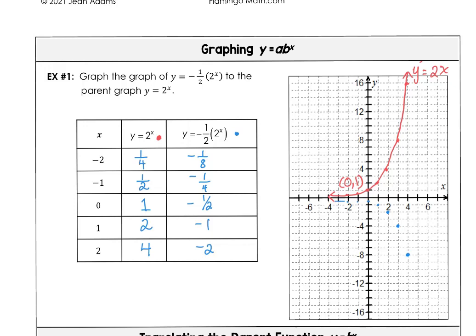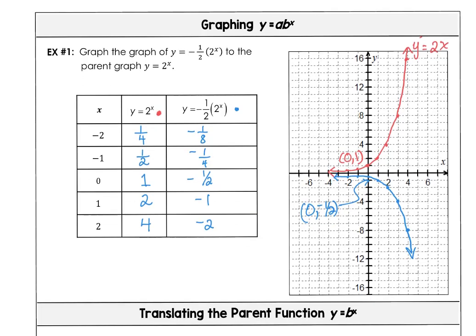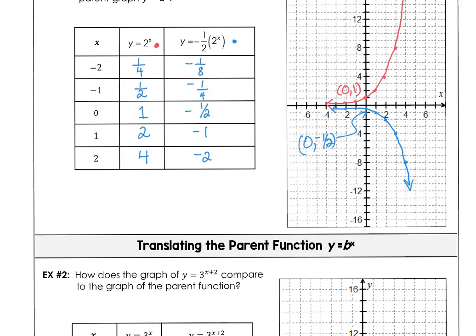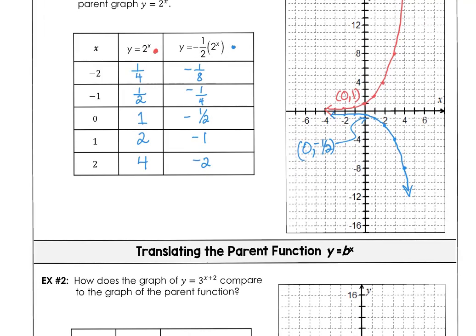So here we have this graph. It has a compression factor of 1/2, and it has a reflection across the x-axis because of the negative on the a value. And our hk number is 0, negative 1/2 in this case. So if we want to describe and compare that graph, we could say the a value is negative 1/2.